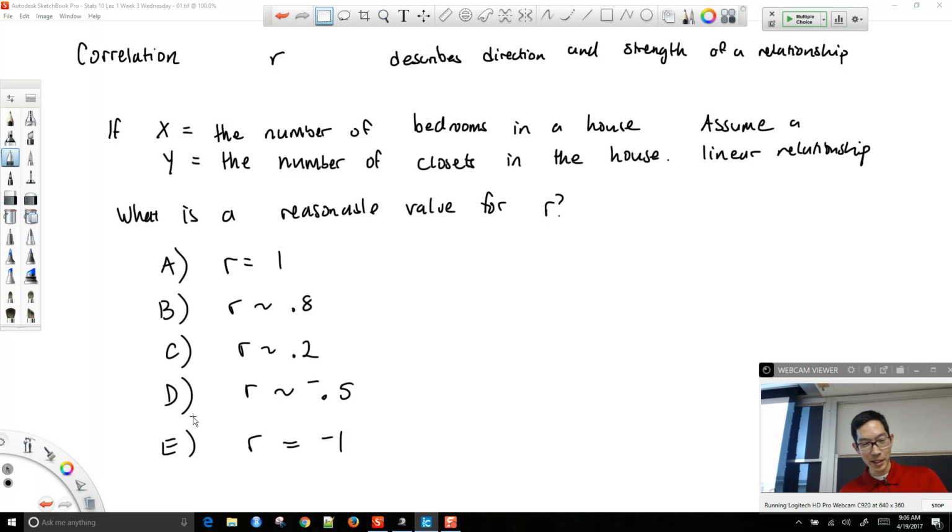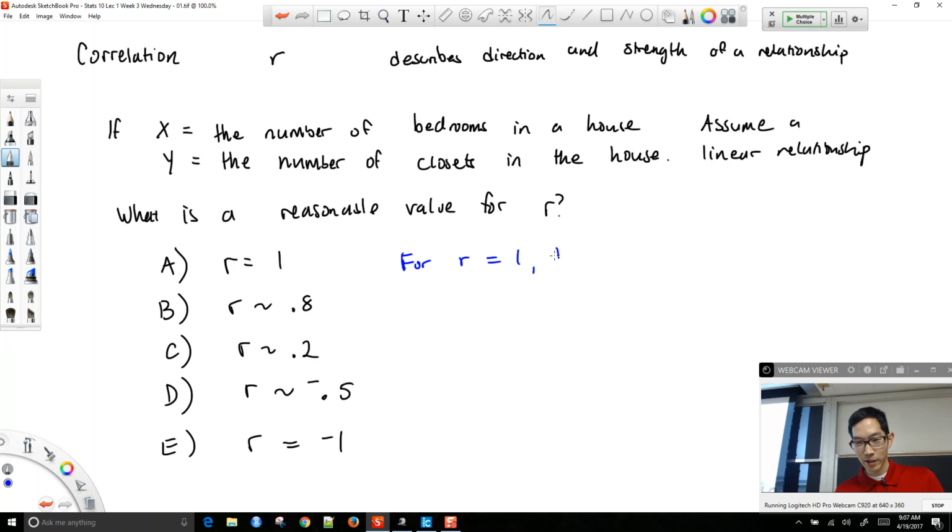For r to be equal to 1, this means everything is in a perfect straight line. If you increase the number of bedrooms in the house, we can predict exactly the number of closets in the house. This means there is a direct relationship between bedrooms and closets.